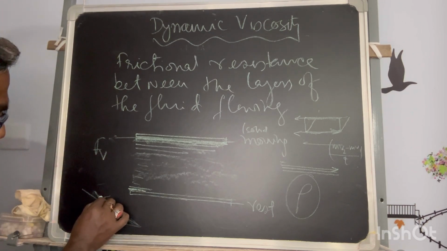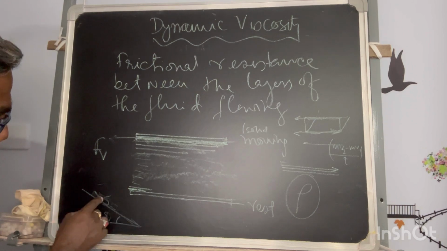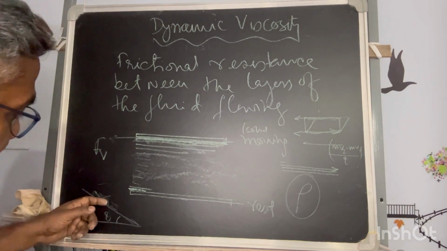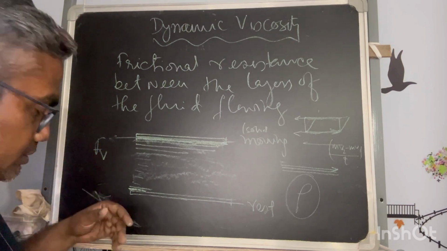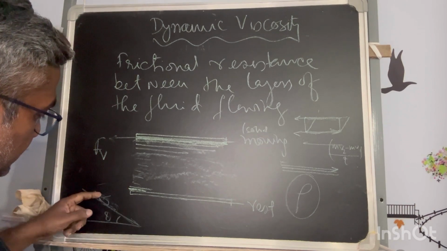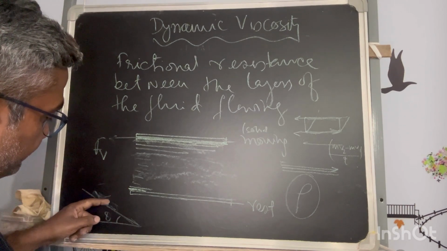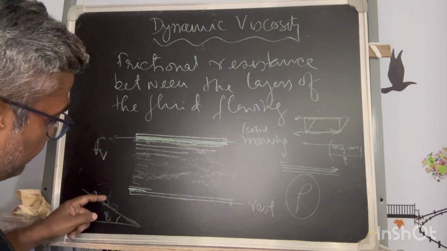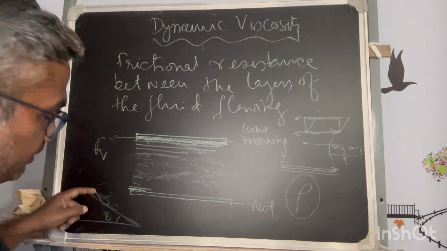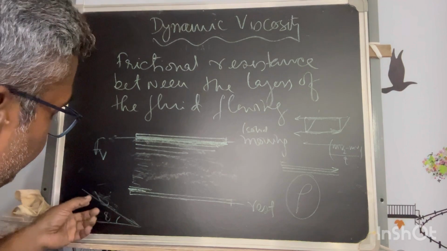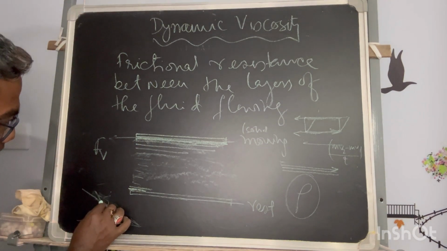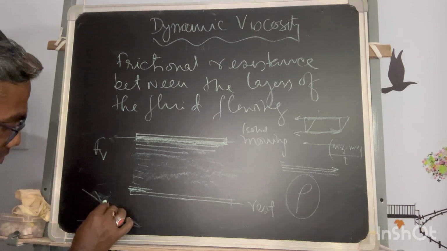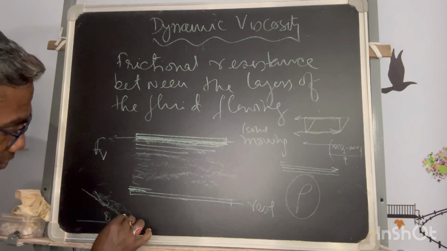Then the top layer, which is in contact with the air, will get lesser frictional force, and it will try to overcome the frictional force due to the air and move faster. The lower part will get more force, and it will not be able to move so fast. So this will give you a rolling motion.